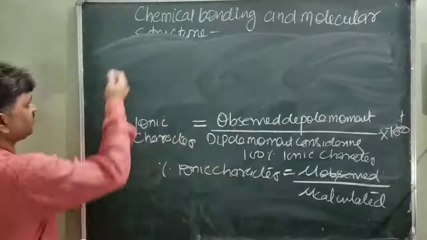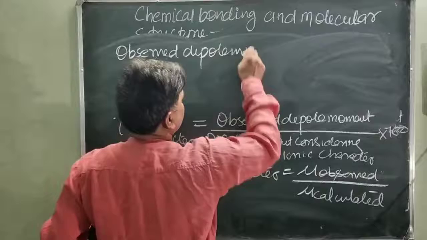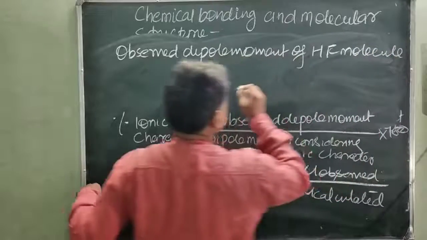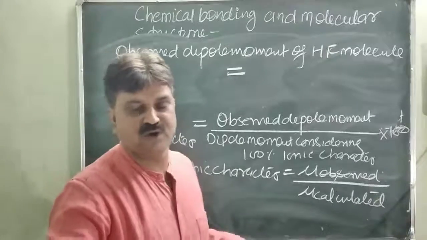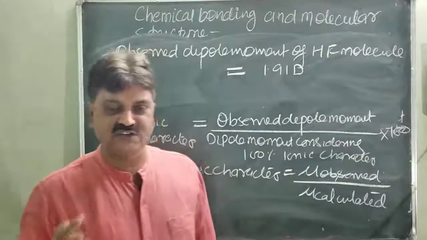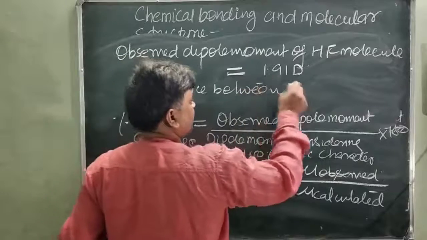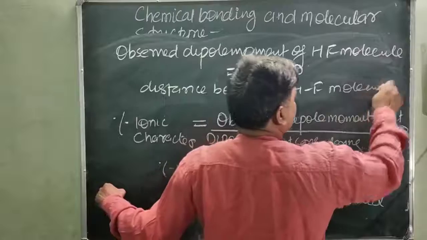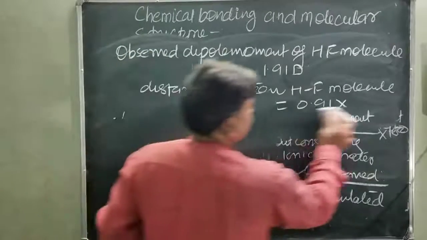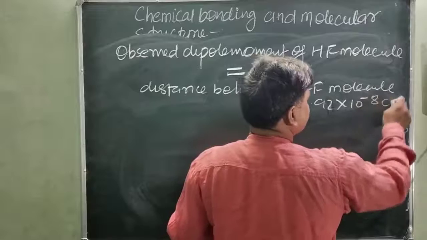The observed dipole moment of the HF molecule is 1.91 D. And we know that the distance between the H and F atoms is 0.92 into 10 power minus 8 centimeters.